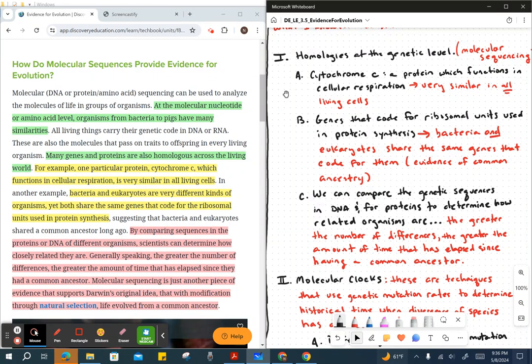These are different ribosomal units that are responsible for doing your transcription and translation when you are copying your DNA, when you're trying to decode a certain segment of your genes to manufacture a certain protein, you have to use your ribosomal units. Well, the interesting thing here is that the hardware that we use is no different than the hardware that the bacteria use. Bacteria and eukaryotes share the same genes that code for these ribosomal units.